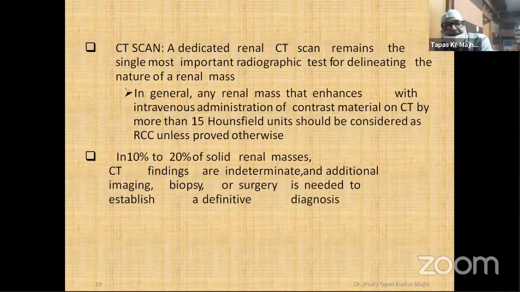In 10 to 20% of solid renal masses, CT findings are indeterminate. Additional imaging, biopsy, or surgery is needed to establish a definite diagnosis.